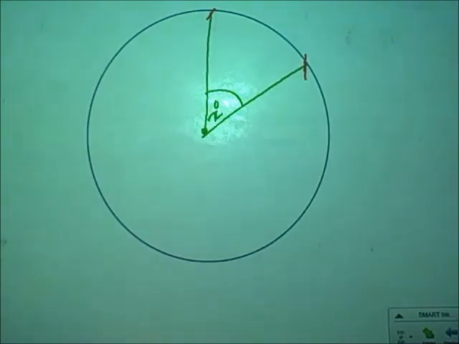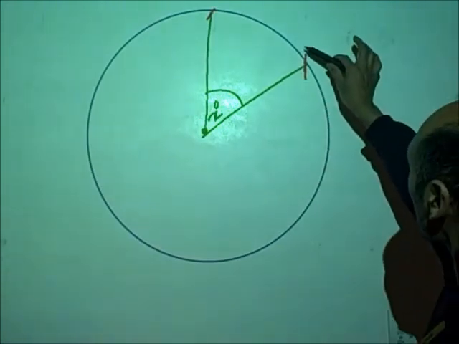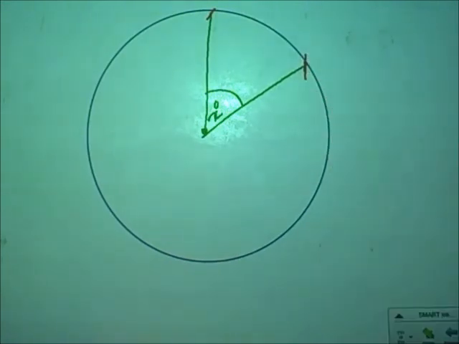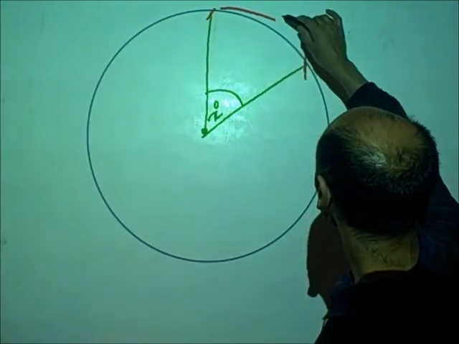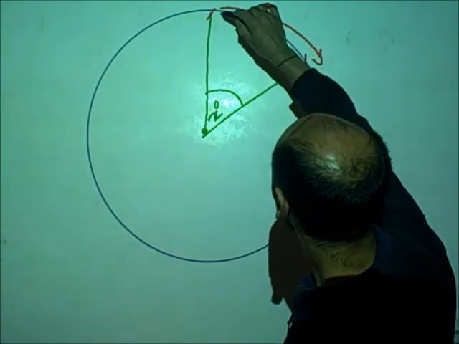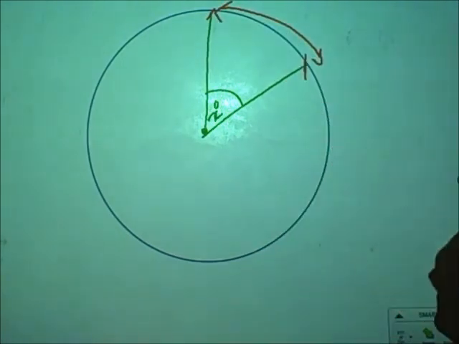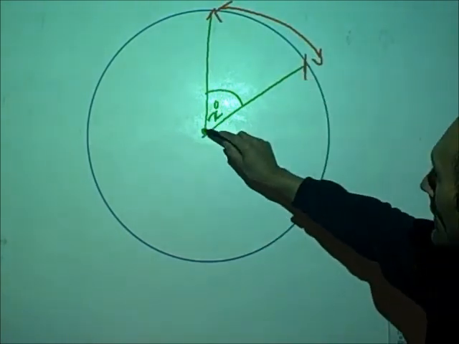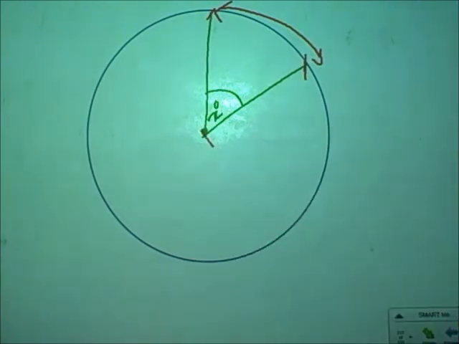We know from the definition of a radian that the arc length between the two red dashes should be the same length as the radius of the circle, meaning that the distance from there to there should be the same as the distance from that point to that point. Makes sense, doesn't it?